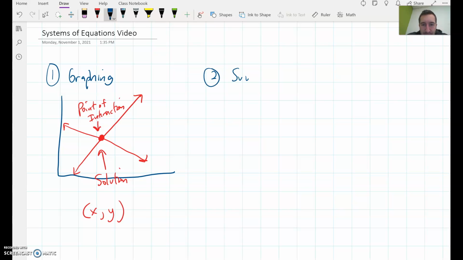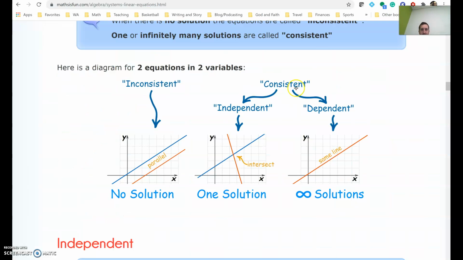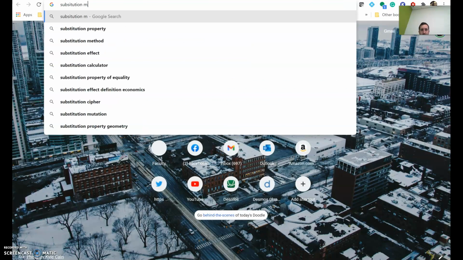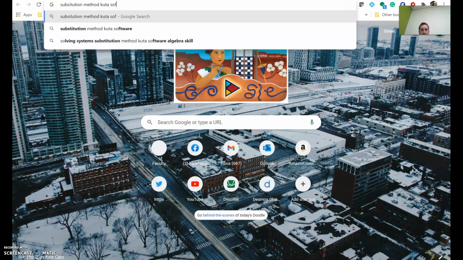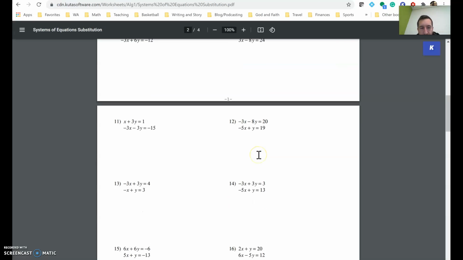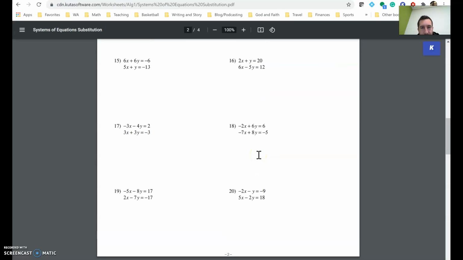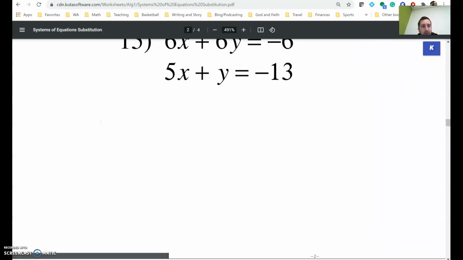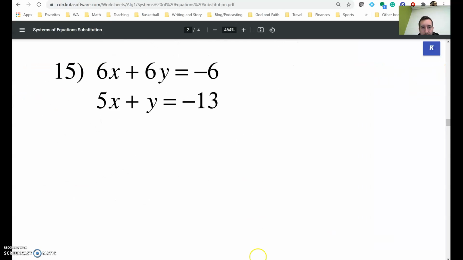I want to talk about substitution for a second. Substitution. And let's pull off a good substitution problem. Substitution method, CUDA software. This is a good website for quick problems. Okay. Let's do this one right here.